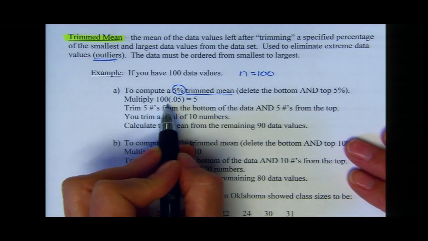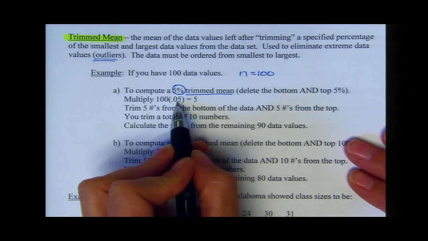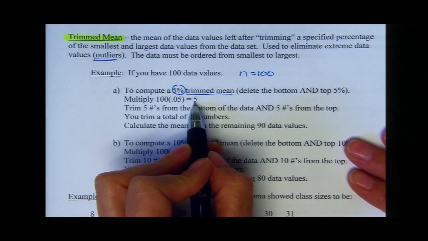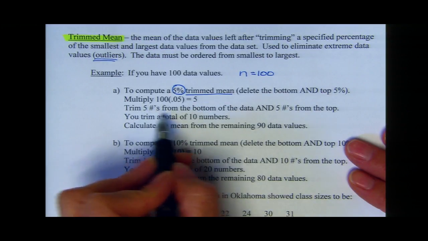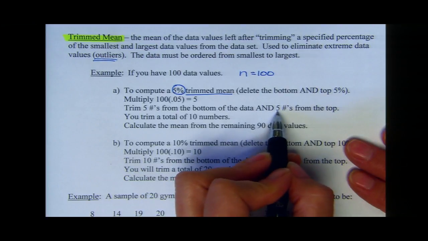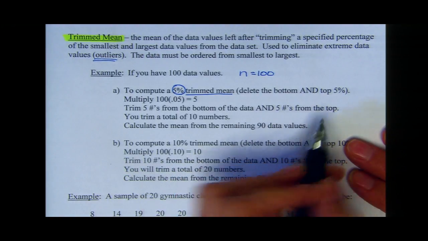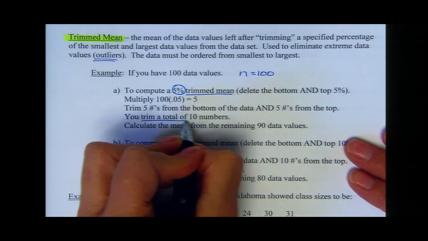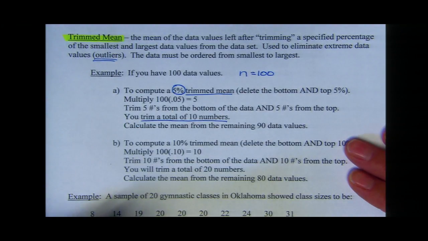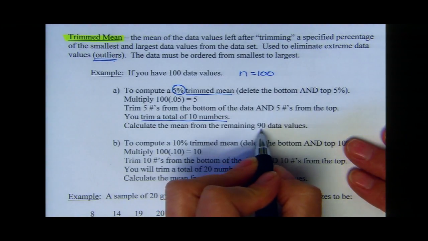So we multiply n times 5%, and that gives us 5. What that tells me to do is to trim the 5 smallest numbers and the 5 largest numbers. So we trim a total of 10 numbers. Then we take the remaining 90 values, add them all up, and divide by 90.